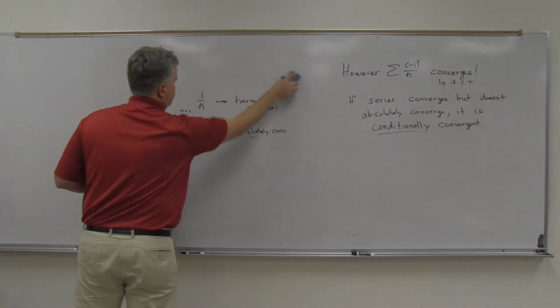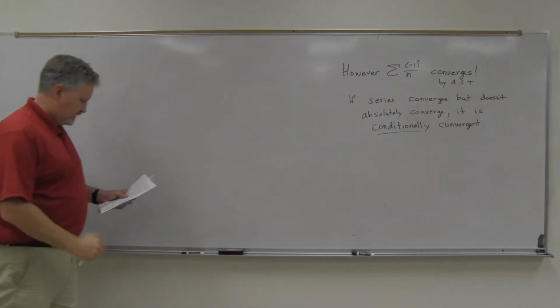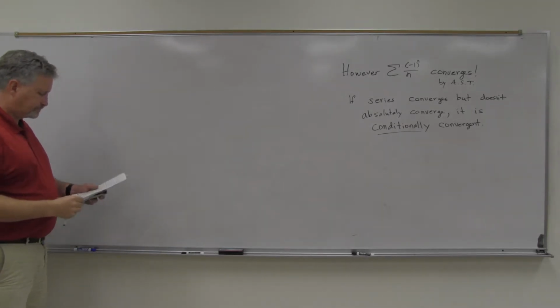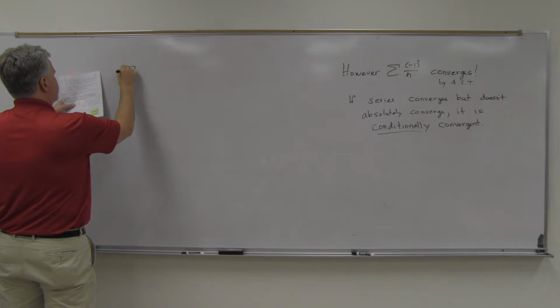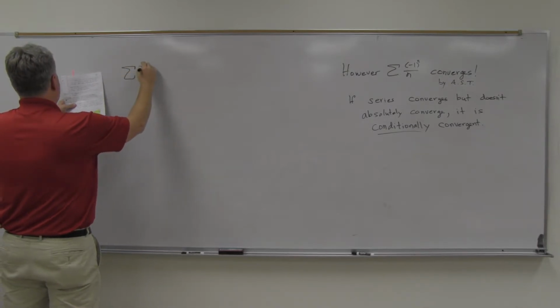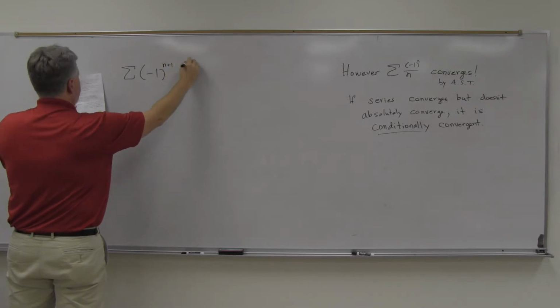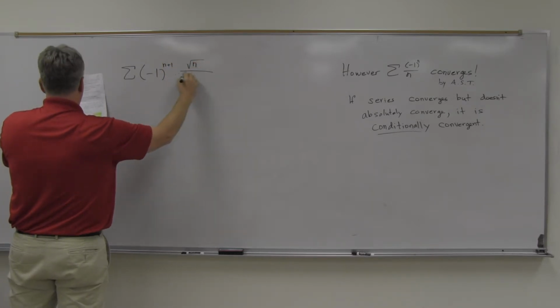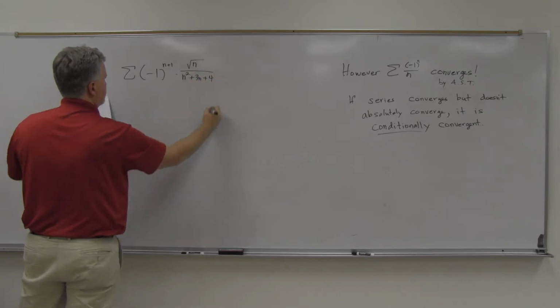Okay, so let's take a look at this series: (-1)^(n+1) times the square root of n over n squared plus 3n plus 4.